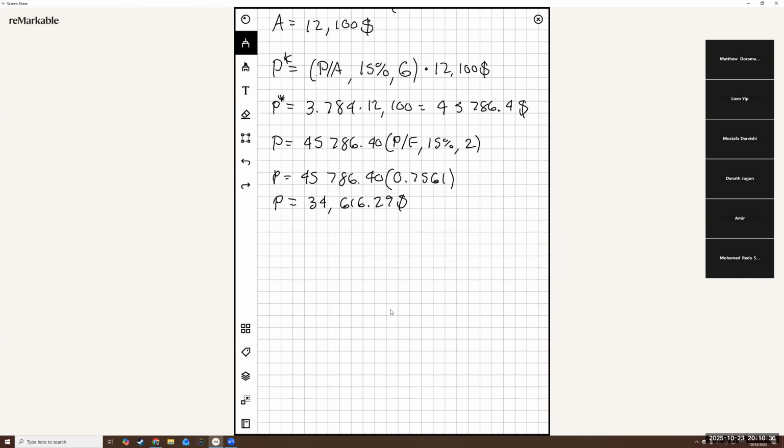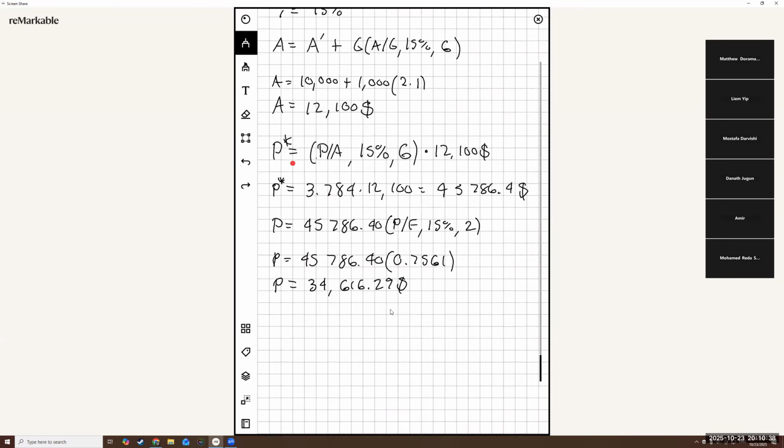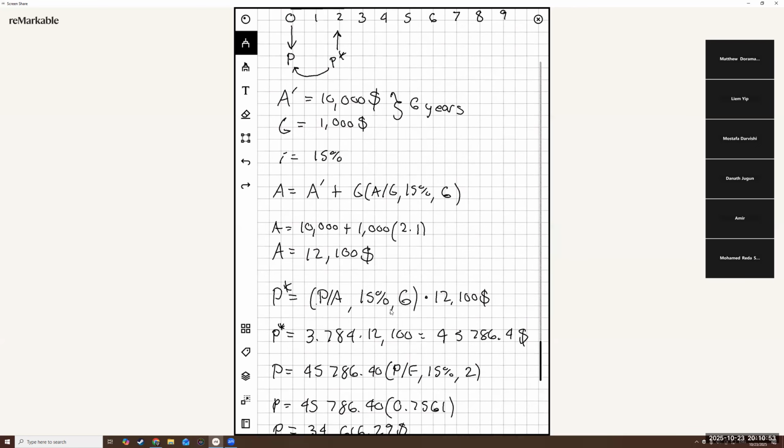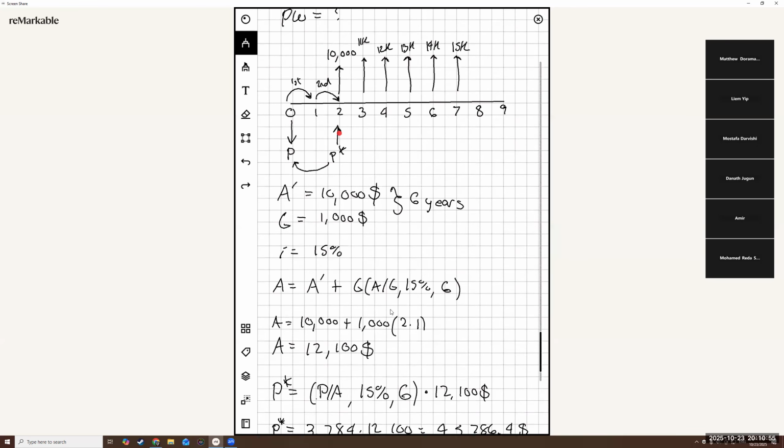Okay, so this calculation here we did, this P star, we calculated the present value of these annuities, right? The problem with that is the annuities only start at this third year. So this present value is at the third year.